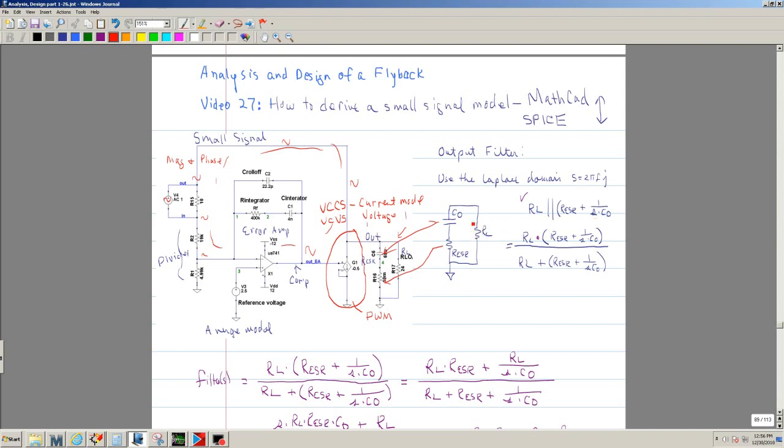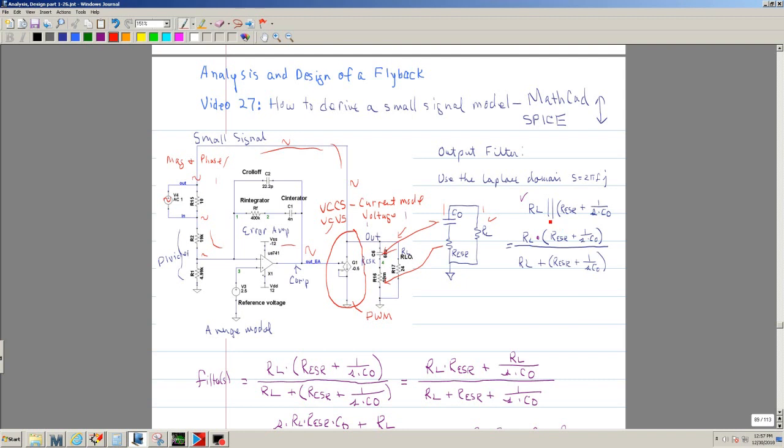In this case, you have to recognize that this circuit and this circuit are in parallel with each other. So you can make your first equation: RL is in parallel with the series combination of R ESR and C out. So that's your first equation.